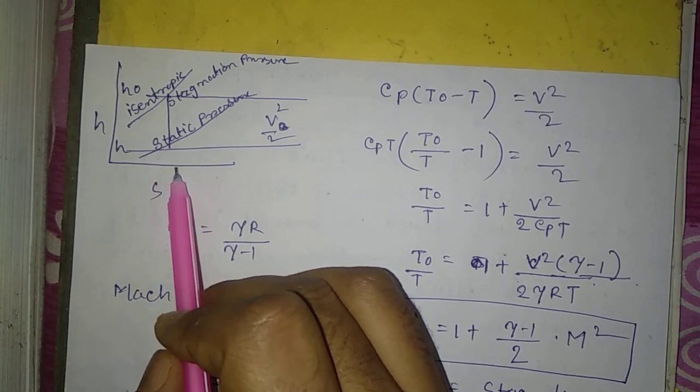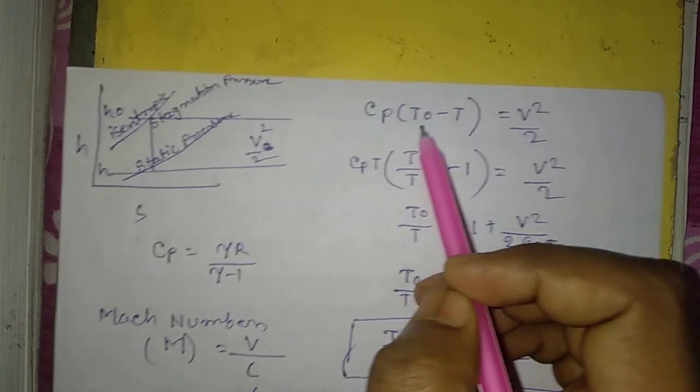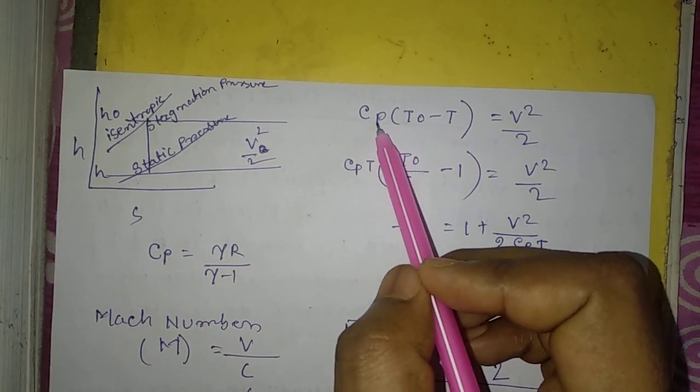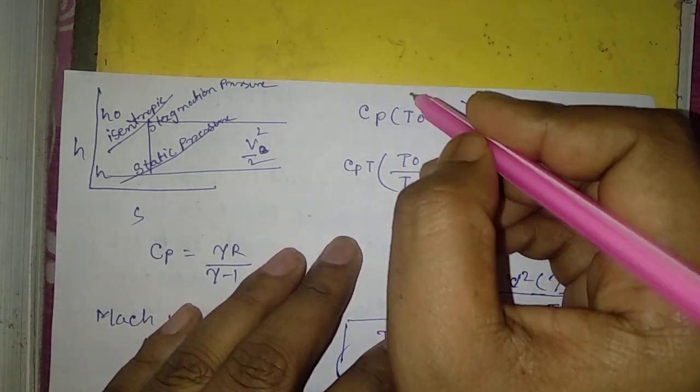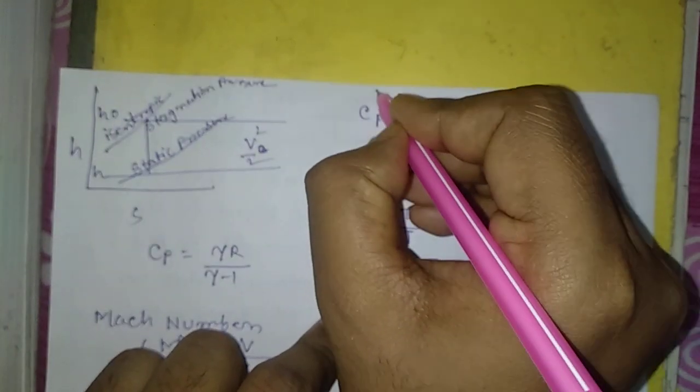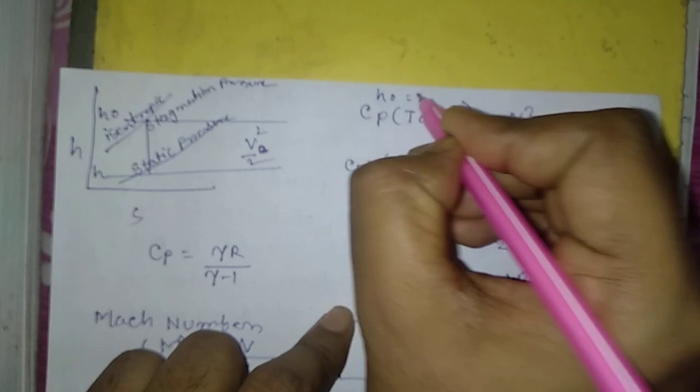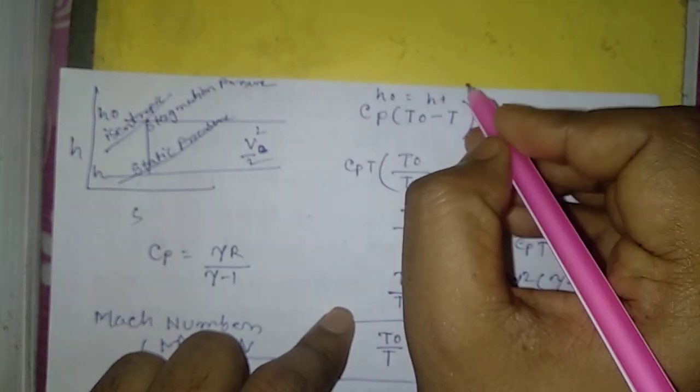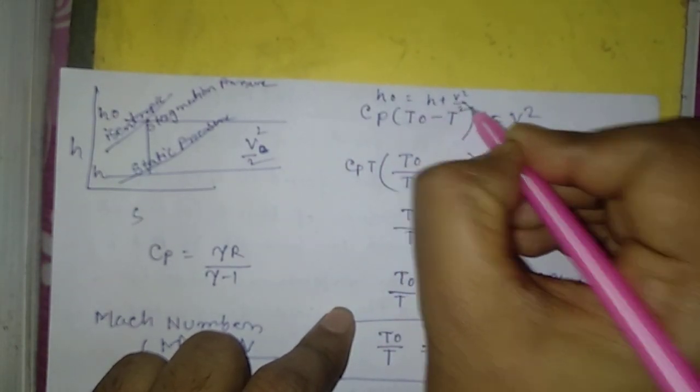So h0 is equal to h plus V²/2. Now, from previous knowledge, as you know, h0 is equal to h plus V²/2.